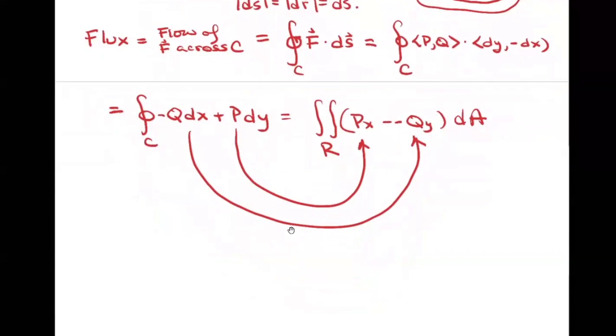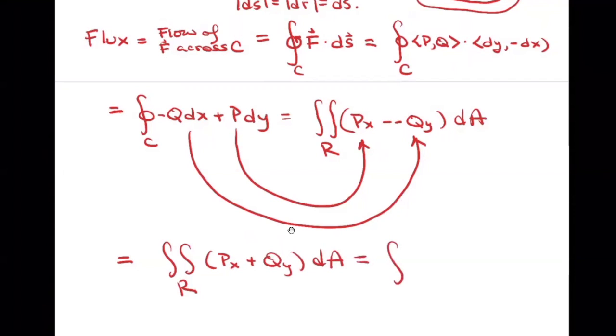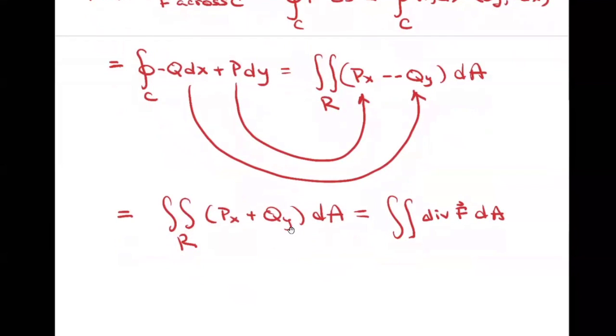Okay, so what this becomes is the double integral over R of px plus qy. Yeah, this is the divergence of the field. So it's the double integral of the divergence of the field dA. Remember, divergence is a scalar, so there's no dot products there.